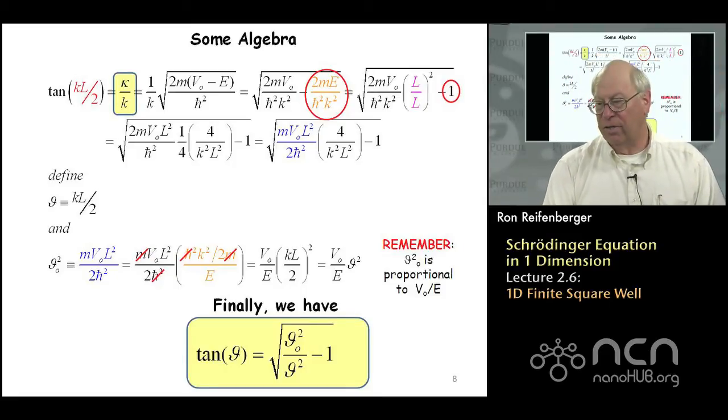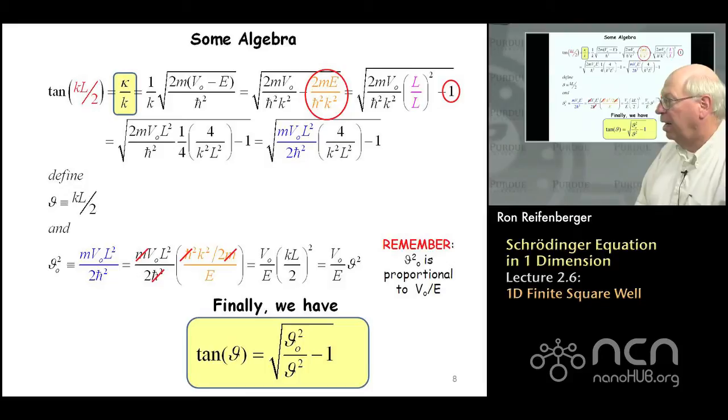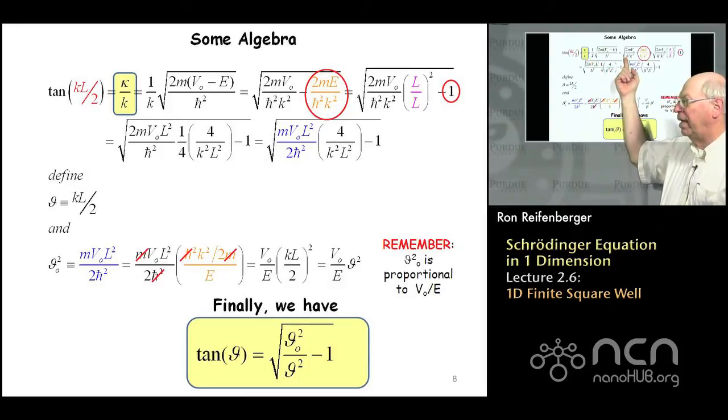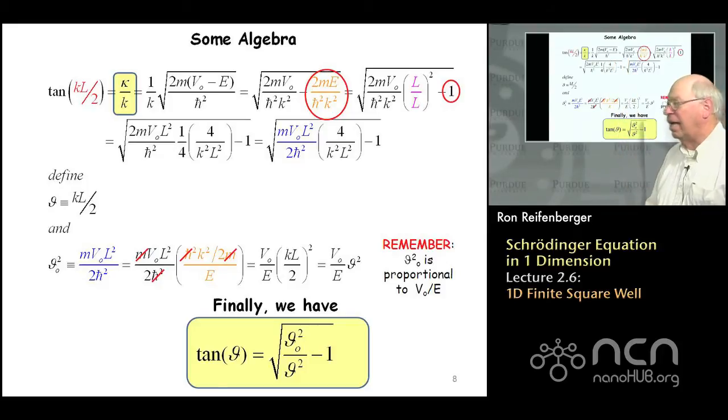It's just straightforward algebra. I take the definition of kappa over k and I expand it, and then I start to rewrite it so that I get kL by 2. I also pick up this parameter V0 in the expression.